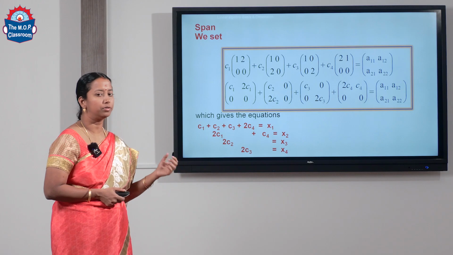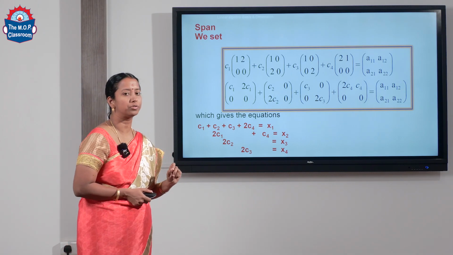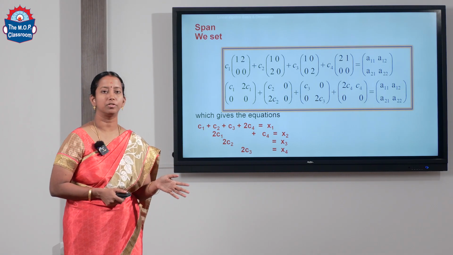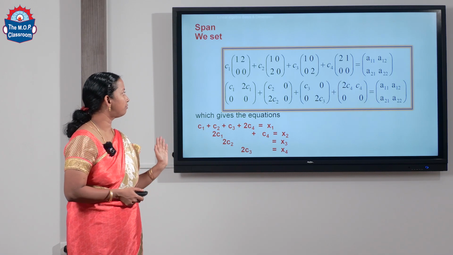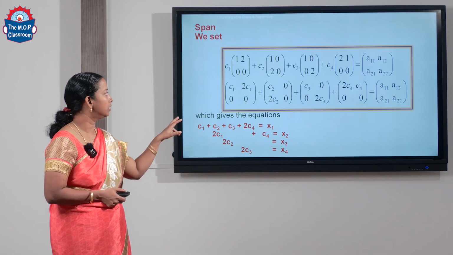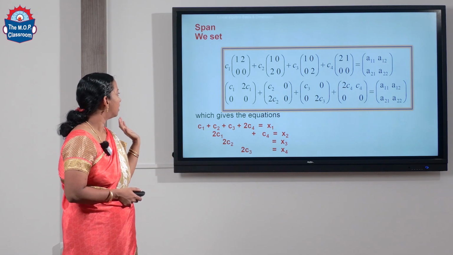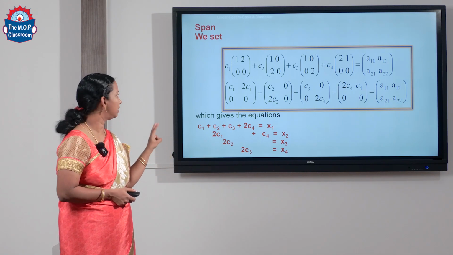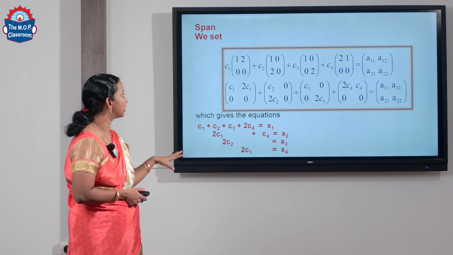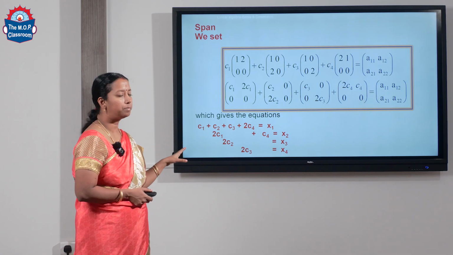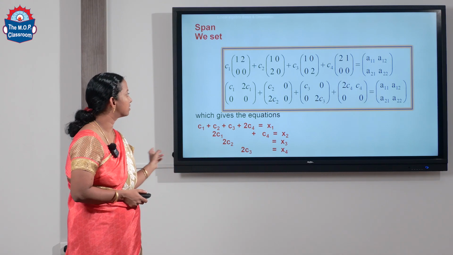C1 of 1 2 0 0 plus C2 of 1 0 2 0 plus C3 of 1 0 0 2 plus C4 of 2 1 0 0, which is equal to the matrix A11, A12, A21 and A22. Again we multiply C1 with the first matrix, C2 with the second matrix, C3 with the third matrix and C4 with the fourth matrix.